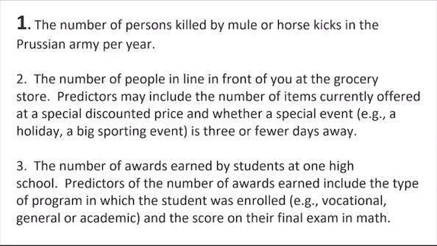The predictors of the number of awards can include the type of program in which the student was enrolled. So maybe you want to figure out what determines the number of awards. Because the number of awards is a count, we're going to fit a Poisson regression model.